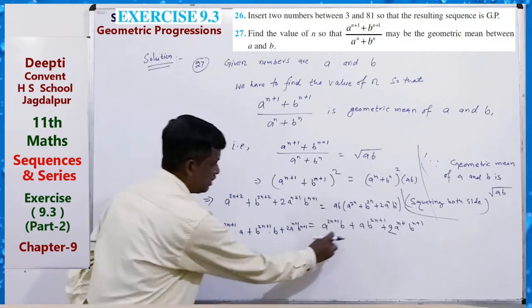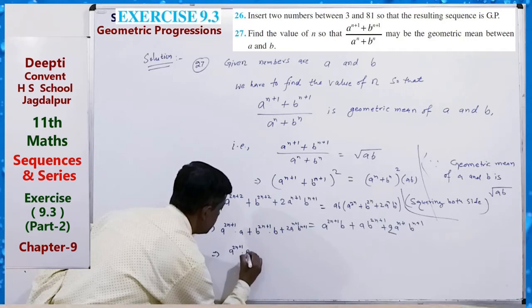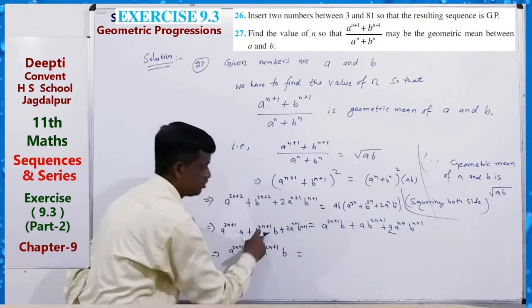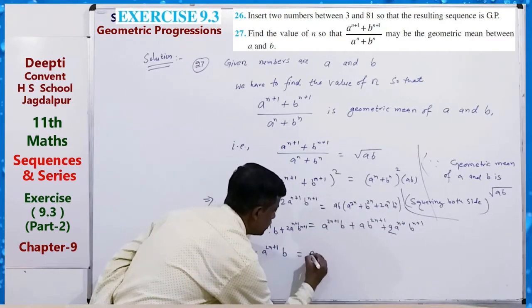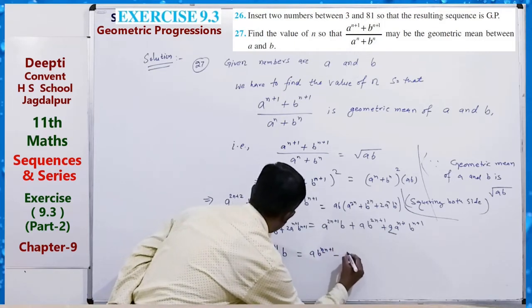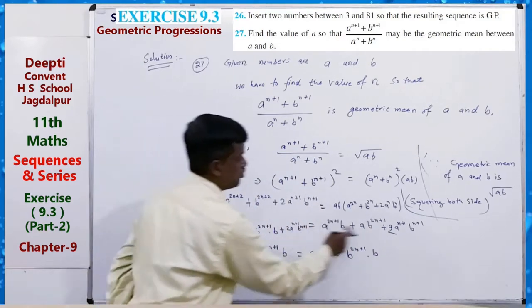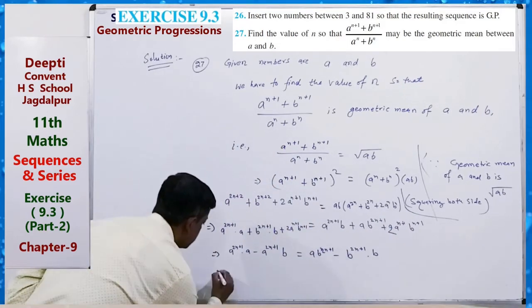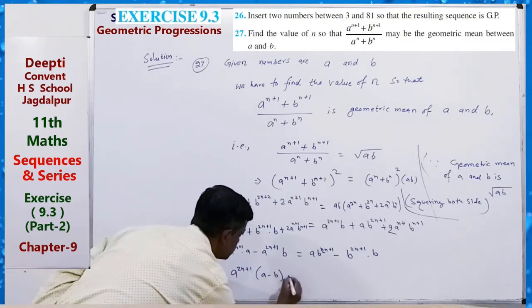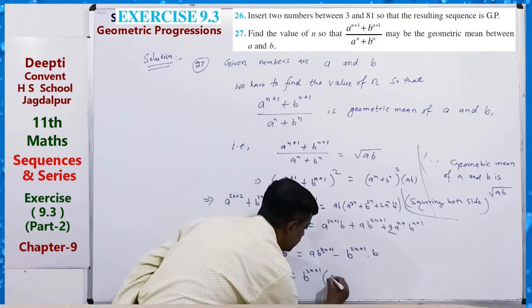Now take a power 2n plus 1 into a minus a power 2n plus 1 into b from the left hand side, and take it to the right hand side: a b power 2n plus 1 minus b power 2n plus 1 into b, and these two quantities cancel out. Taking a power 2n plus 1 common, a minus b equals, here also b power 2n plus 1 common, then a minus b.